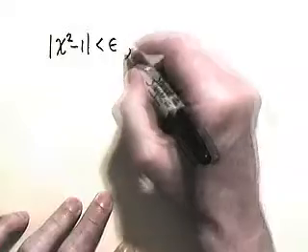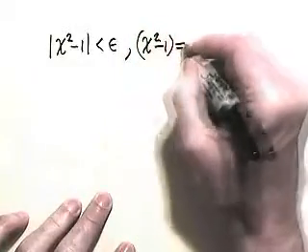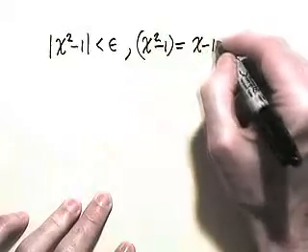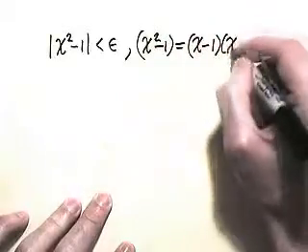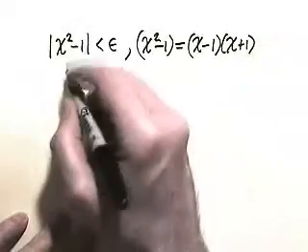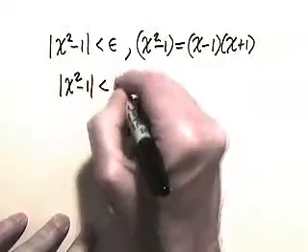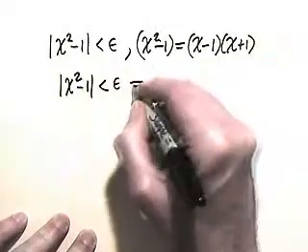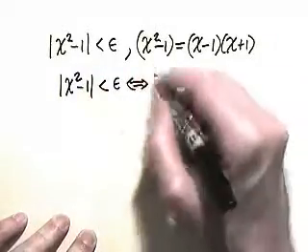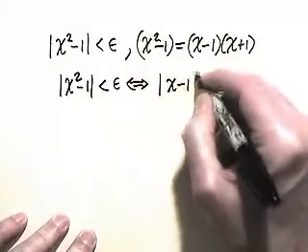And so consequently, we can write absolute value of x squared minus 1 less than epsilon is the same as the inequality absolute value x minus 1 times absolute value x plus 1 less than epsilon, because, of course, the absolute value of a product is just the product of the absolute values.